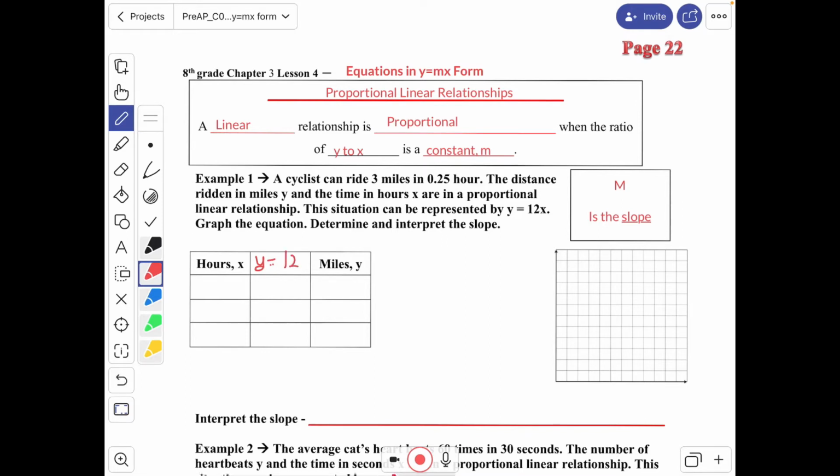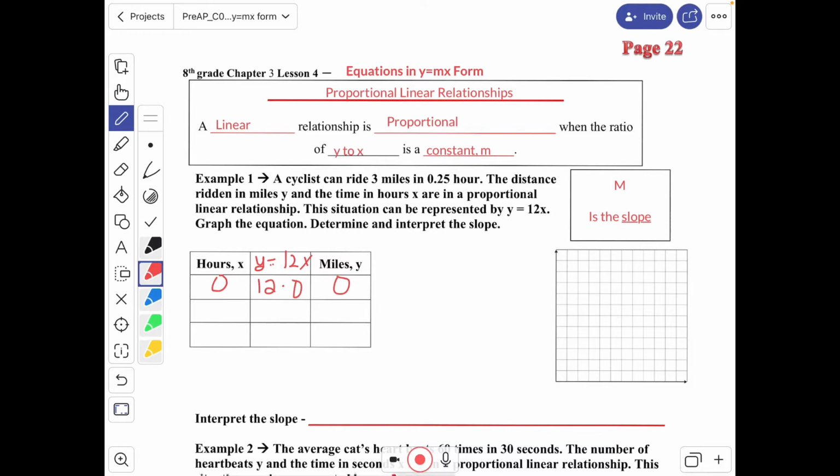The formula they gave us is y equals 12 times x. So I'm just going to plug in some different numbers. Start with 0. If I plug in a 0, it would be 12 times 0, which is 0. Would I want to plug in any negative numbers for x?